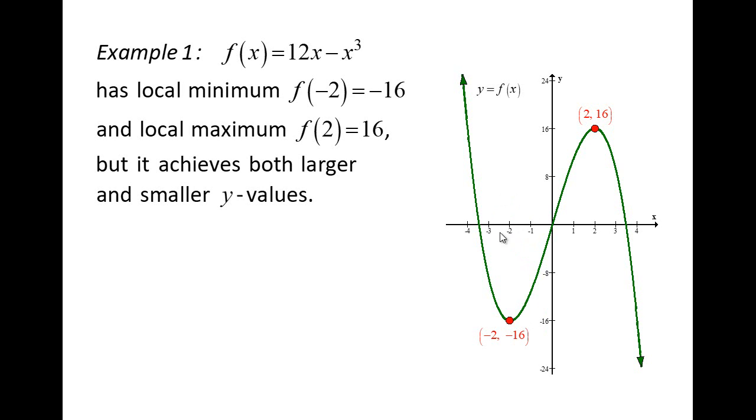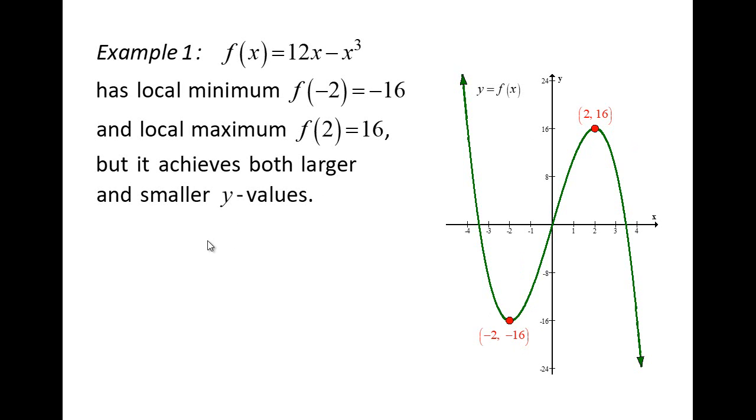So that's why at negative 2 we have a local minimum. We have a local maximum at 2, so that means that f of 2 is the largest value of f in some open interval centered at 2. Let's say I pick the open interval from 1 to 3. In that interval, f of 2 is the largest value of f. So locally near 2, it's the max value of f, and locally near negative 2, this is the least value of f. So this is a local min, this is a local max.